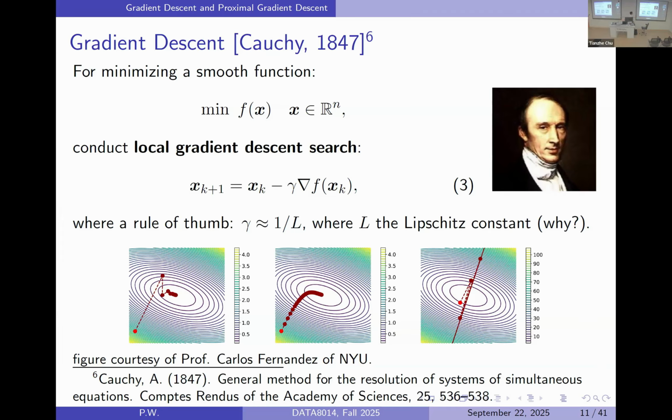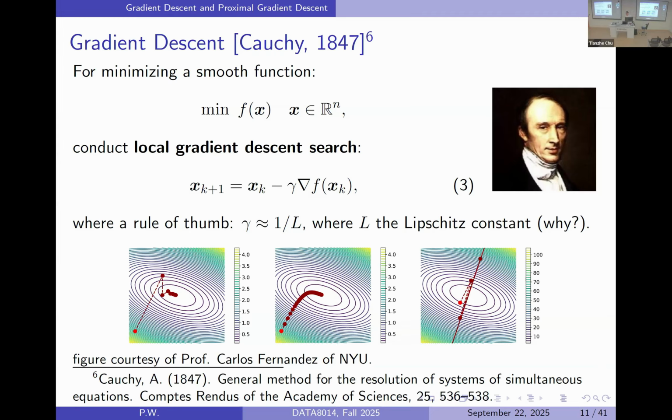The gradient descent update is very simple. Here k is the number of iterations. To generate the next iterate, at the current iterate we move along the negative gradient direction. Here gamma is the step size. In optimization we say step size, but in machine learning and deep learning we usually call it the learning rate.